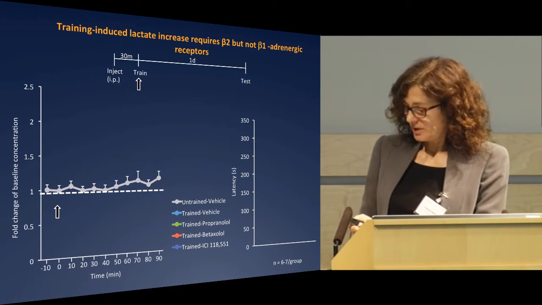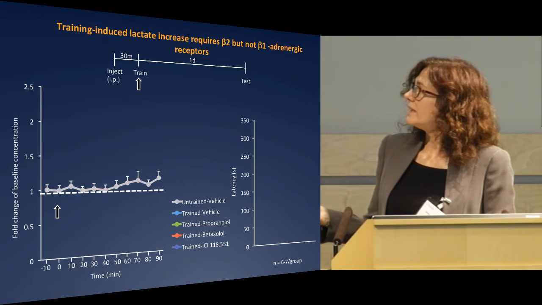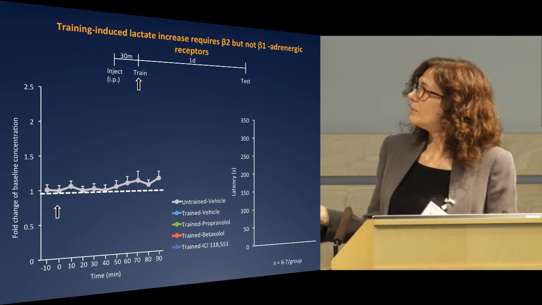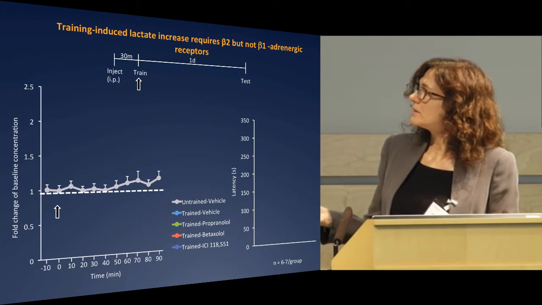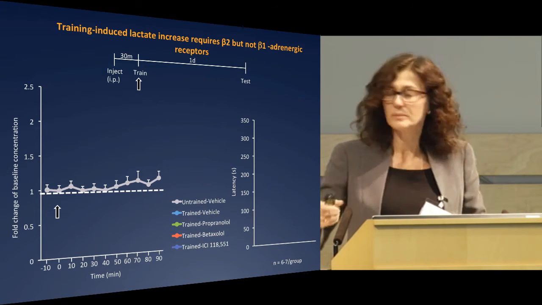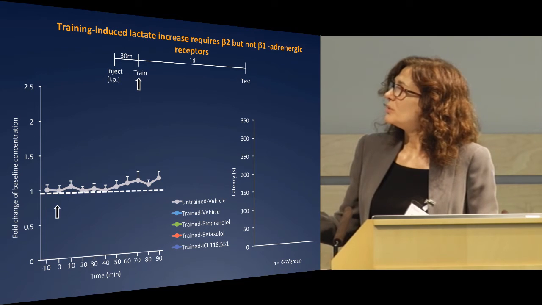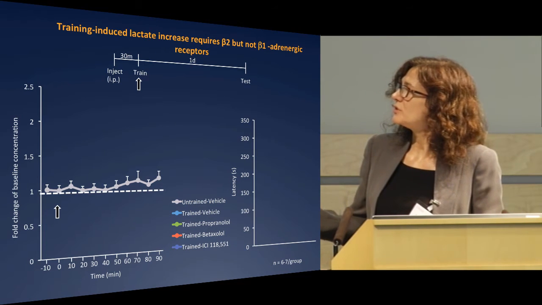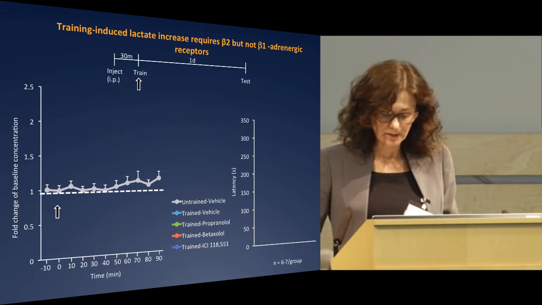In this case, these are naive rats injected with vehicles. She measured the level of lactate over time, right? So there is a measurement before training, and then she continues after training for 90 minutes, and this is the baseline.